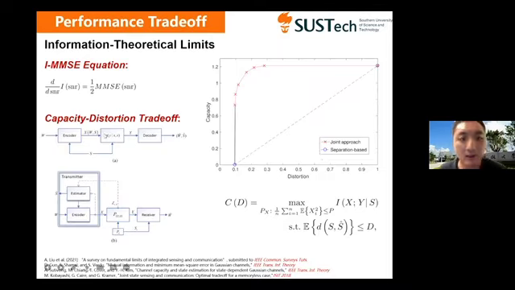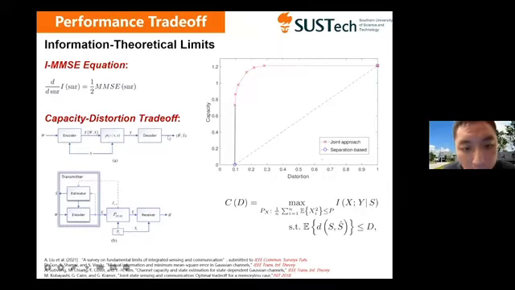It means the distribution of the channel depends on a state S. In this setup, we have an encoder which wishes to transmit pure information, a message W, to the decoder through this state-dependent channel, and in addition to the message, the encoder also wishes to transmit the state of the channel S to the decoder.